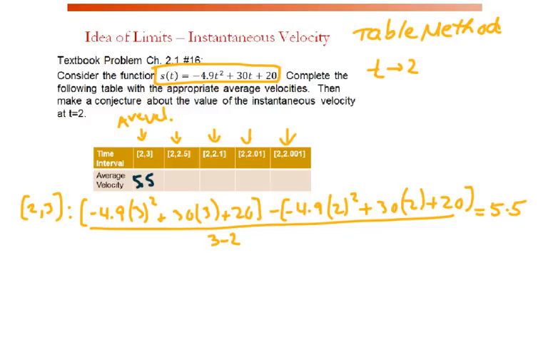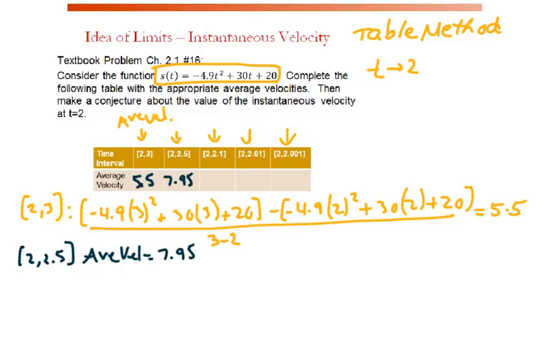If I use my graphing calculator and compute the average velocity on the next interval, I get 7.95, actually I used Maple.